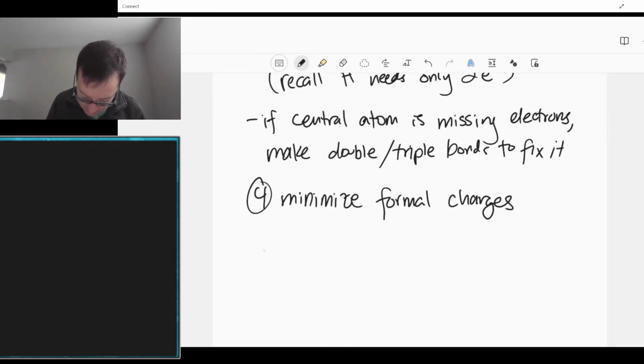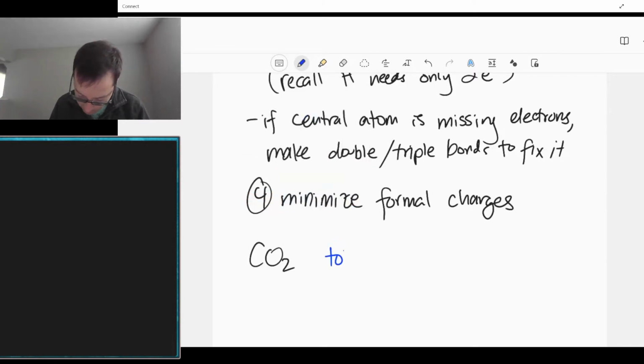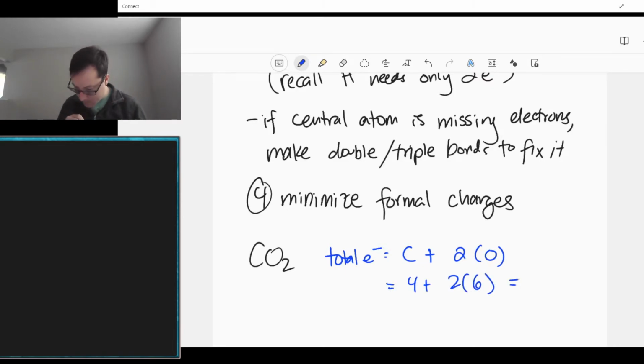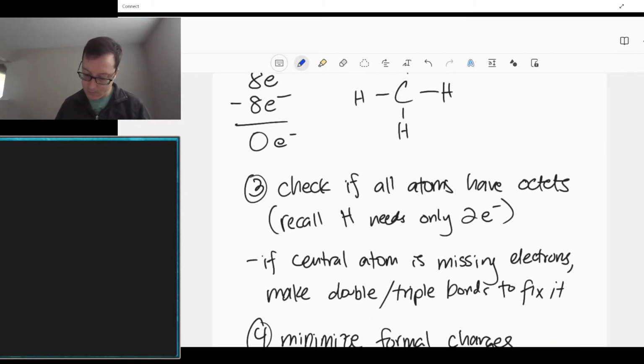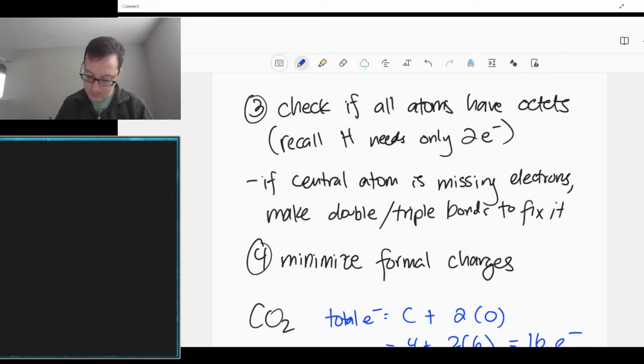So let's take a look at CO2. Let's count the electrons. We have carbon plus 2 oxygens, which is 12 plus 4, 16 electrons. Ooh, I forgot a step, actually. Whoops.